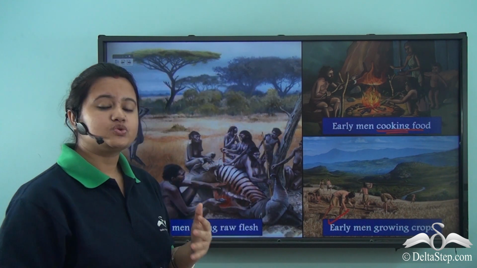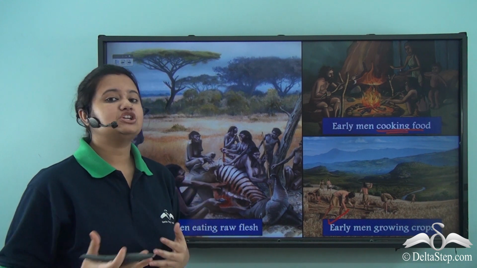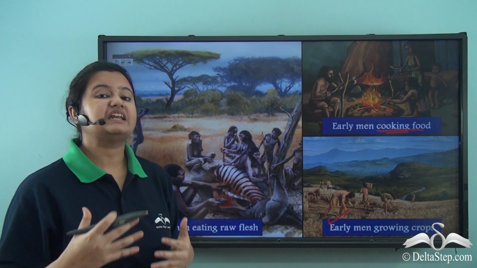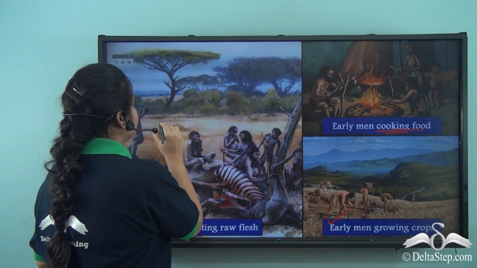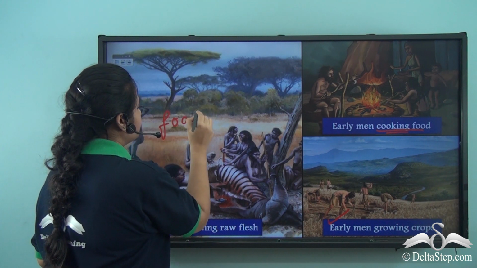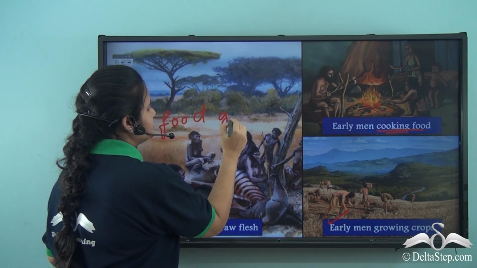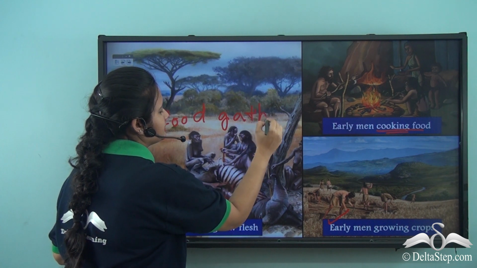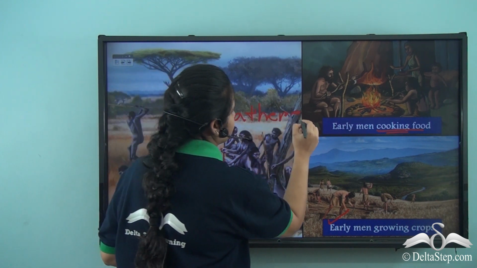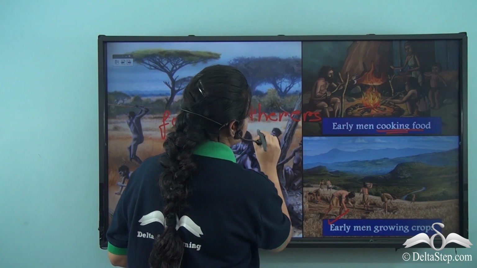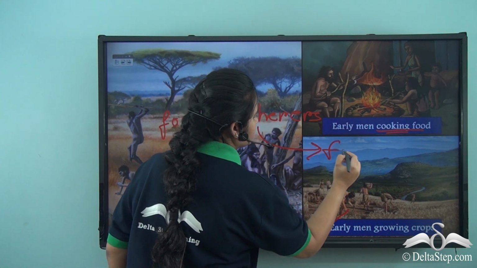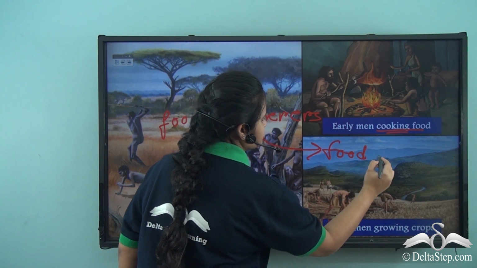So, gradually with time and application of technology, early men evolved from food gatherers to food producers.